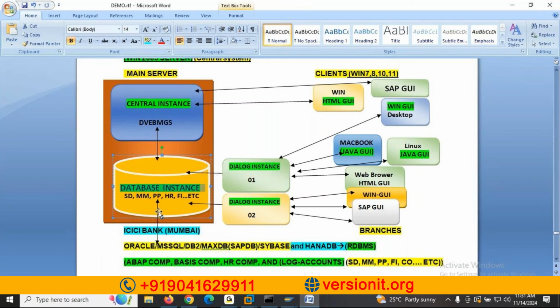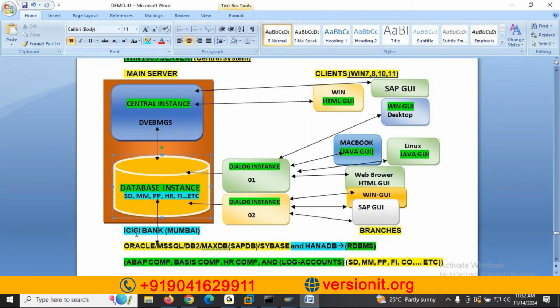Yes, guys, when SAP uses Oracle or MS SQL or DB2 or MaxDB or Sybase, we are not using the entire Oracle database here. SAP took the database from Oracle and restructured it, and we are using only the skeleton of the RDBMS. On that skeleton, the flesh should be our features.